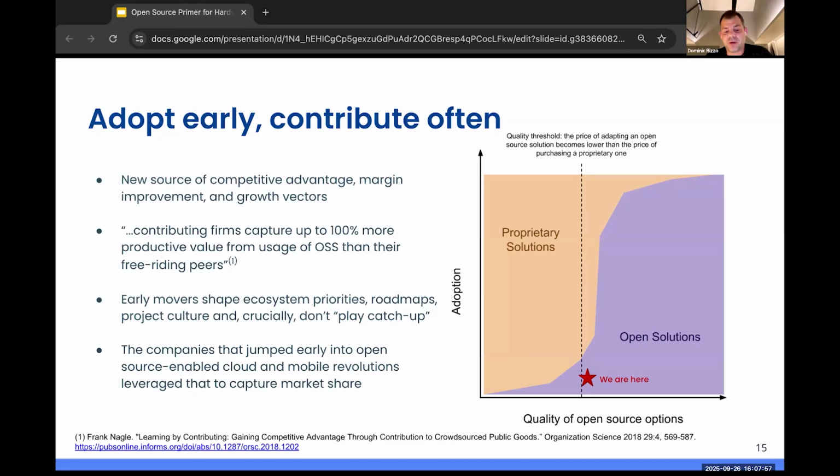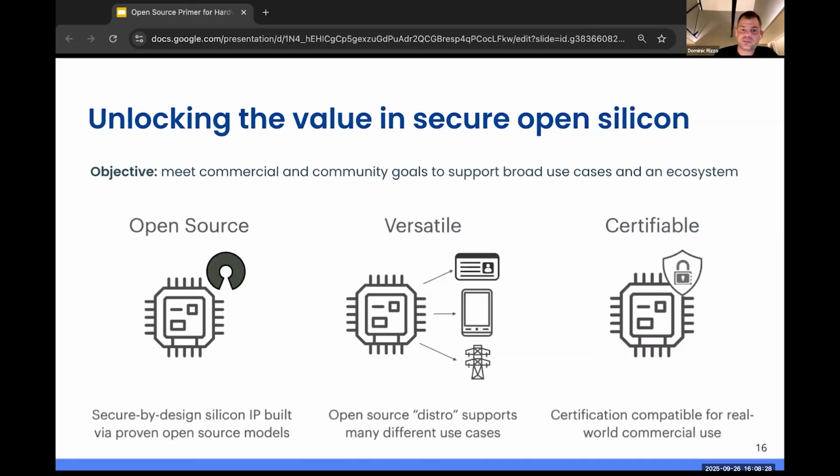And there's a lot of value in getting in early because you can help shape frameworks, ecosystems, goals and objectives, and you're not in a position where you have to run after the bus after it's left its stop. This has been shown pretty solidly with those that jumped in early on the open source cloud and mobile ecosystem revolutions. And we see no reason for that to be any different for open source hardware.